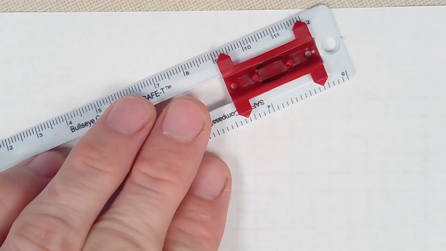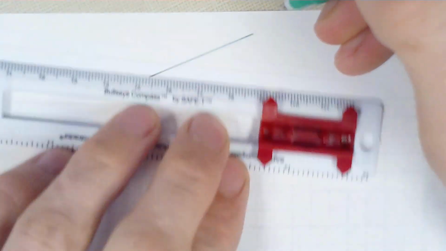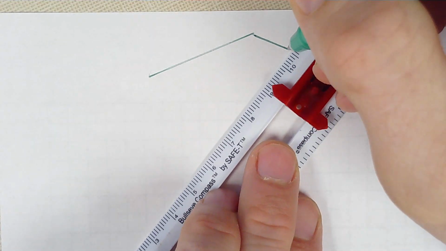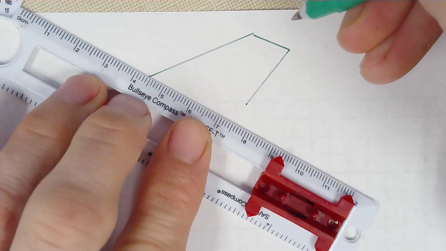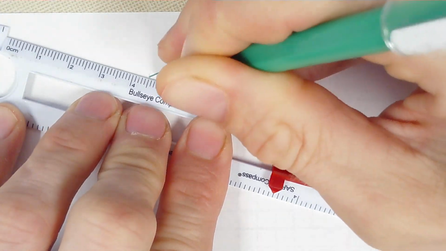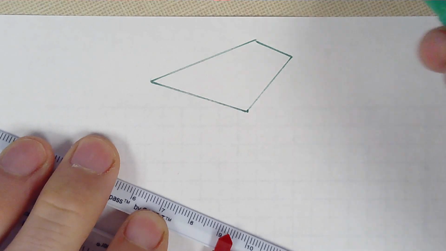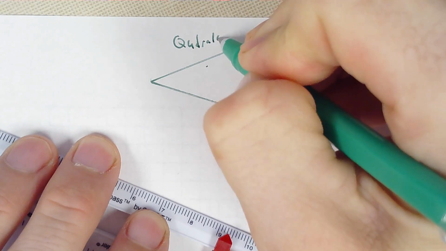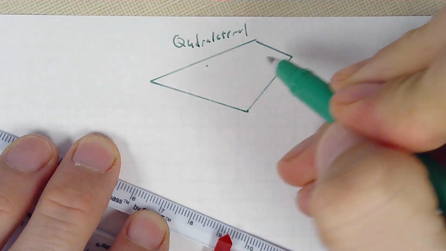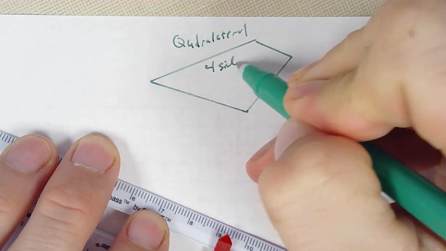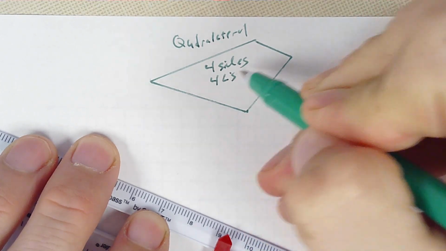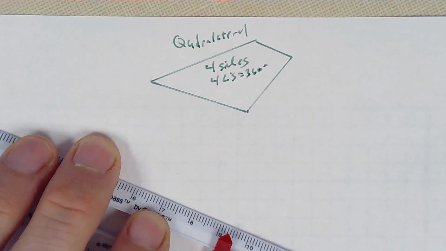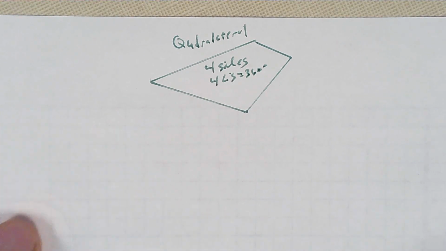Any quadrilateral is just a shape with four sides, and it doesn't have to have any reason or rhyme. It has four sides, four angles, and the measure of those four angles equals 360 degrees inside. That is just a basic quadrilateral.